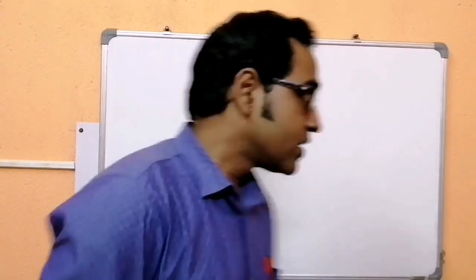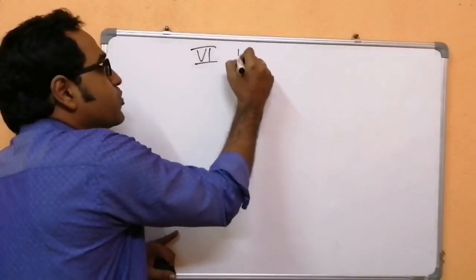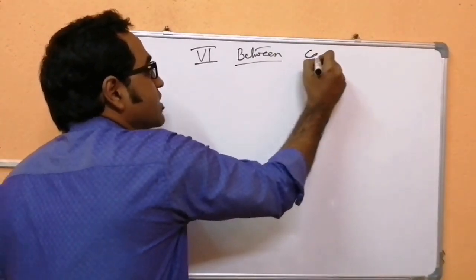In the 6th type, I am going to discuss how to distinguish between 2 carboxylic acids. How to distinguish between 2 carboxylic acids. Please note down this. So the 6th type, between carboxylic acids.